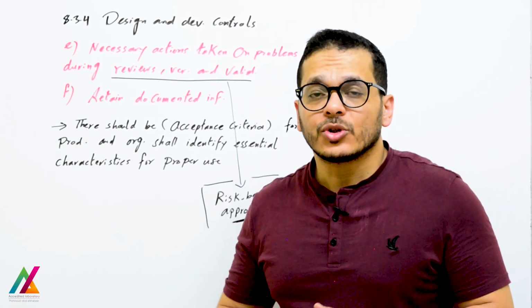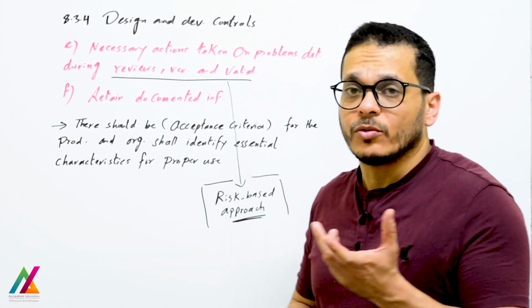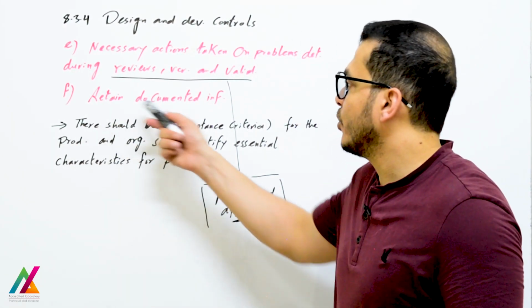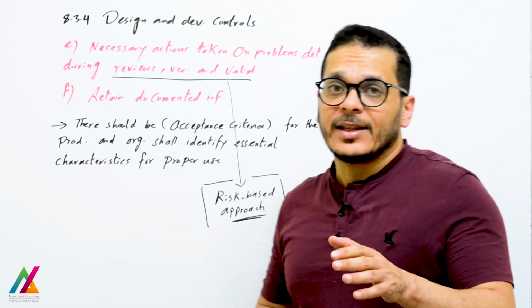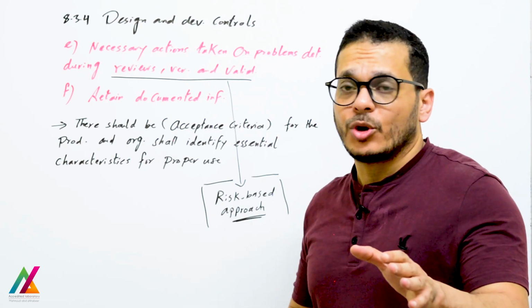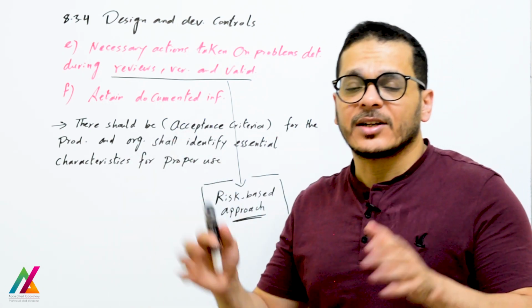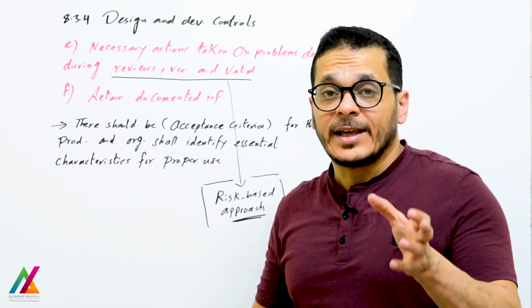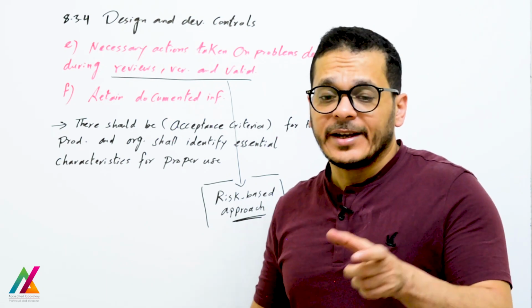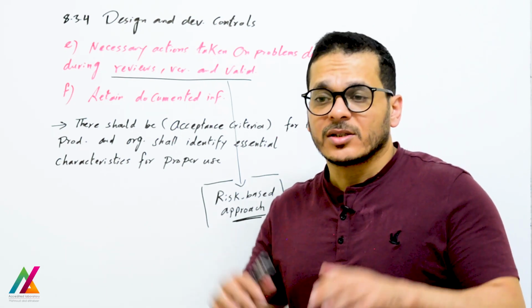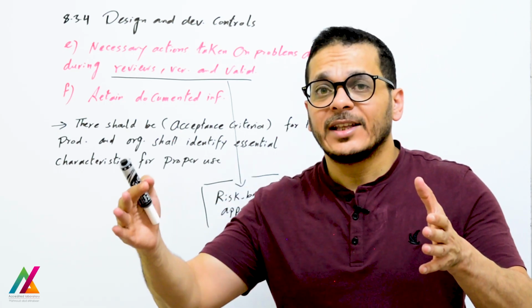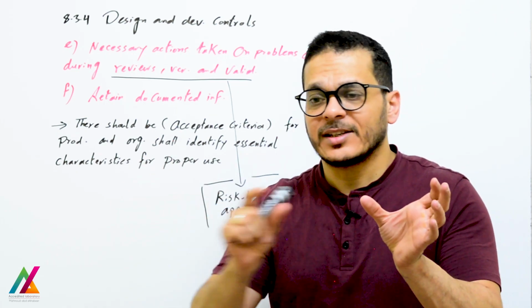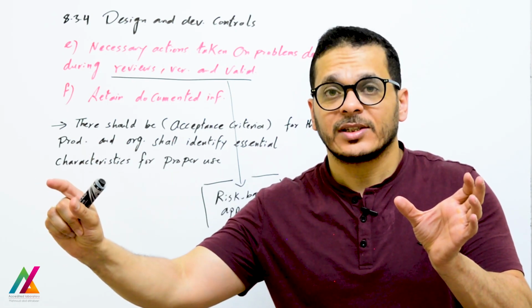And during the whole process of controls, review, verification and validation, you shall retain documented information related to this process. And a very important point, there should be acceptance criteria determined by the organization or company relating to this product or service, because at the end you will compare the acceptance criteria with the product.